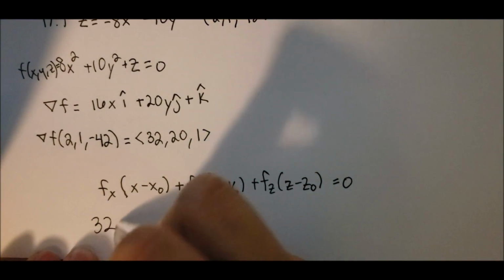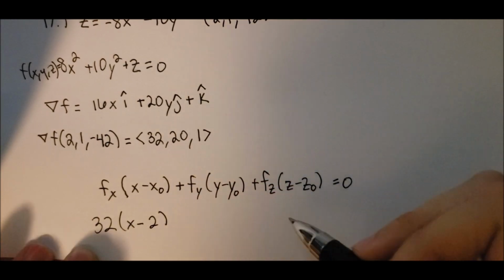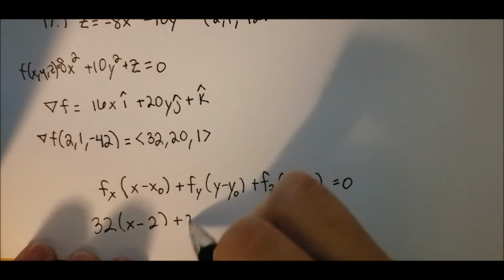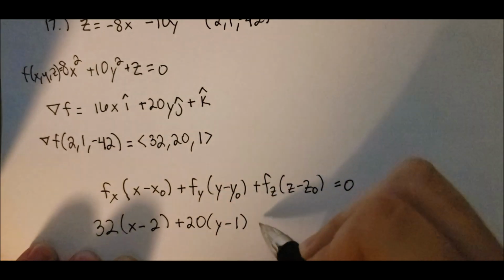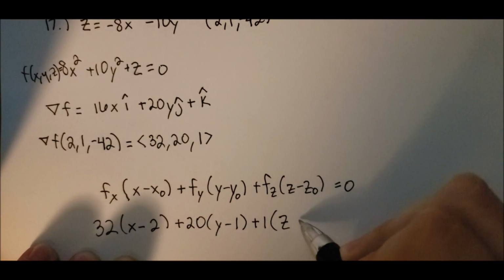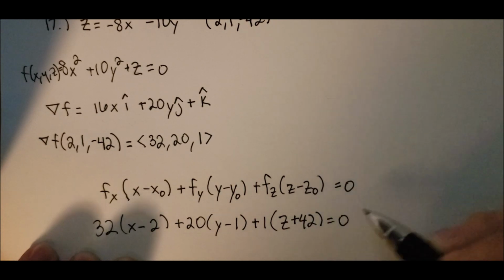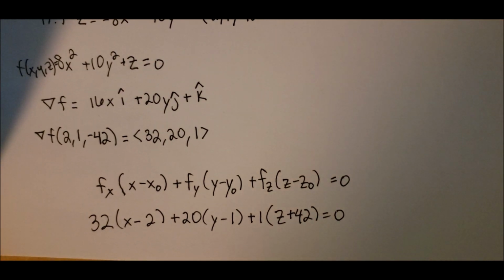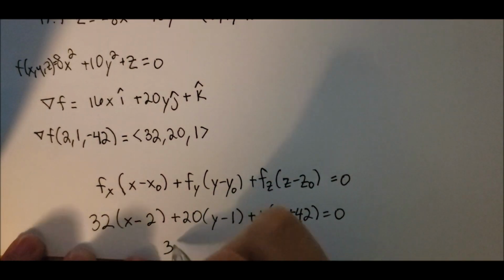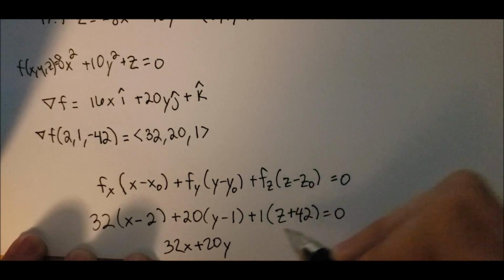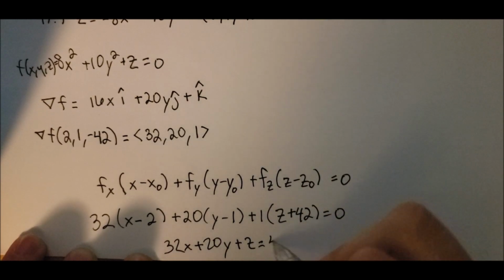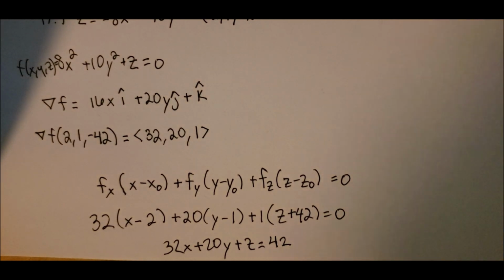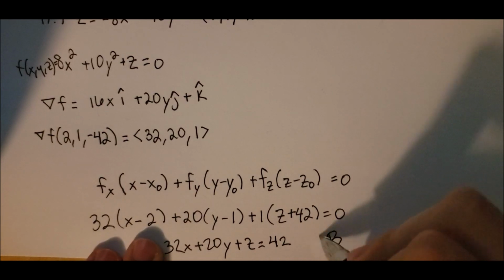So I have 32 times (x minus 2), 20 times (y minus 1), 1 times (z plus 42). And when you simplify this, you get 32x plus 20y plus z is equal to 42. Which is B.